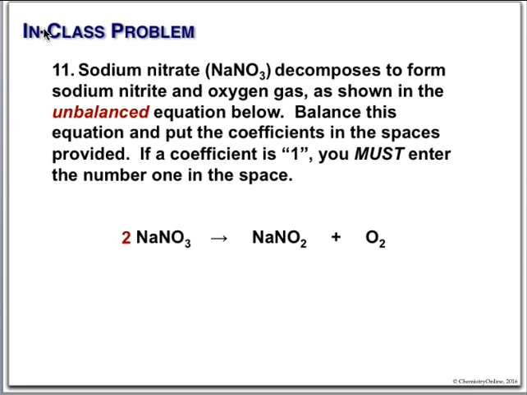We just put in 2 sodiums, 2 nitrogens. That means we're going to need 2 of these guys on this side too, aren't we? So let's see. 2 sodiums, 2 nitrogens, 6 oxygens, 1, 2, 3, 4, 5, 6 oxygens. I actually think it's balanced. All we have to do to get full credit is to put the 1 in.